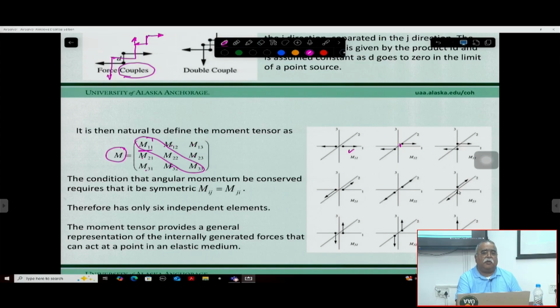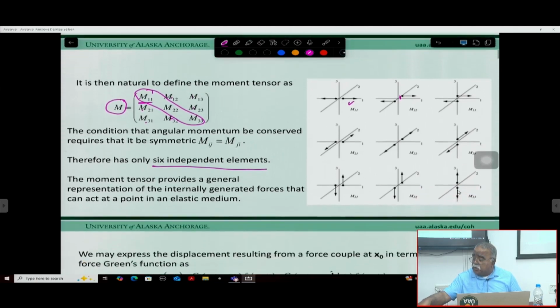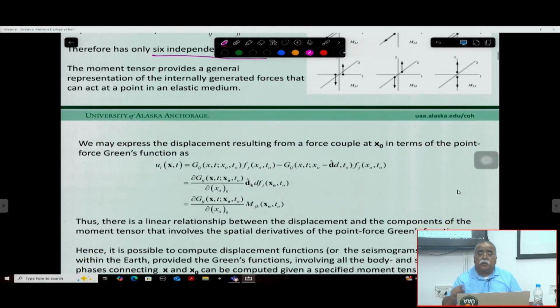That's your M0. Therefore, 6 independent elements are present, right? This is the component of the moment, or the tensor of the moments, that will be present.